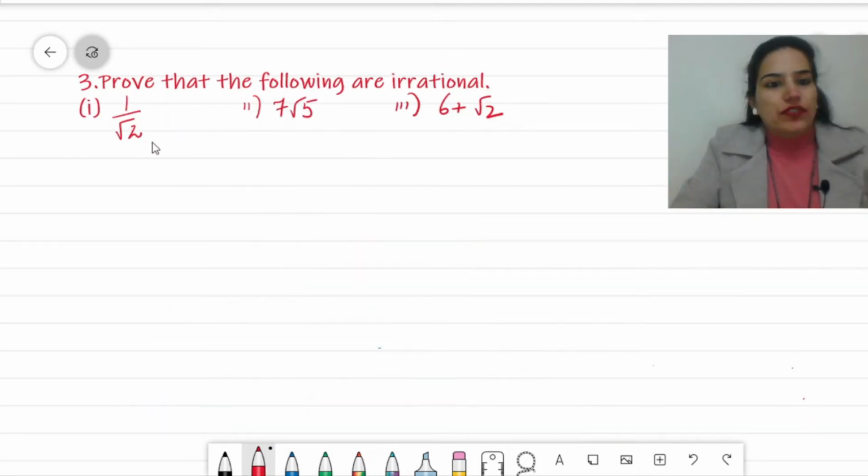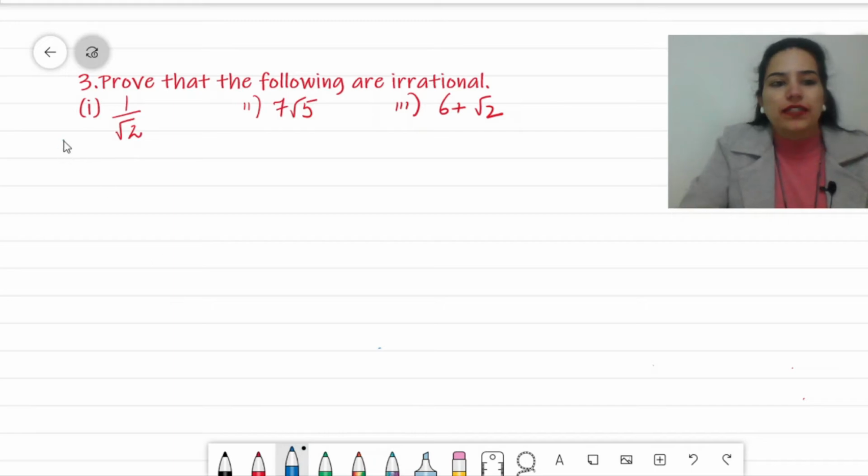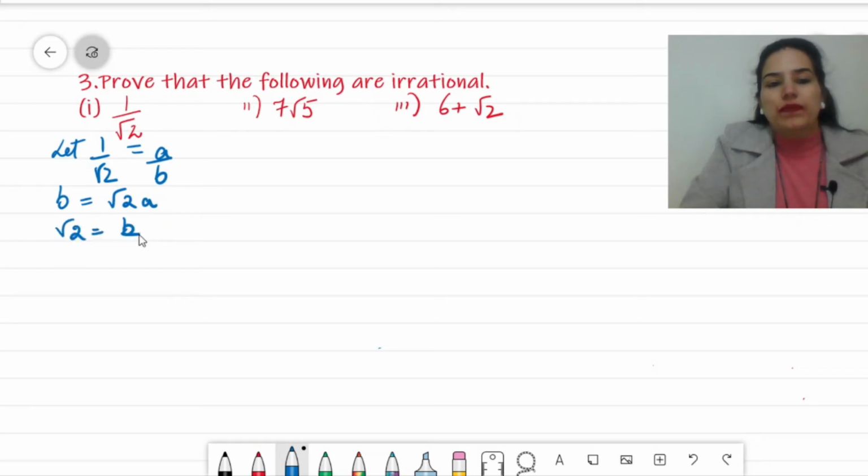Next question. Question number 3, again we have to prove the following as irrational. The first part is 1 by root 2. We begin in the same manner: let 1 by root 2 be rational, that is equal to a by b. If I cross multiply, I get b is equal to root 2 a, or root 2 is equal to b by a.